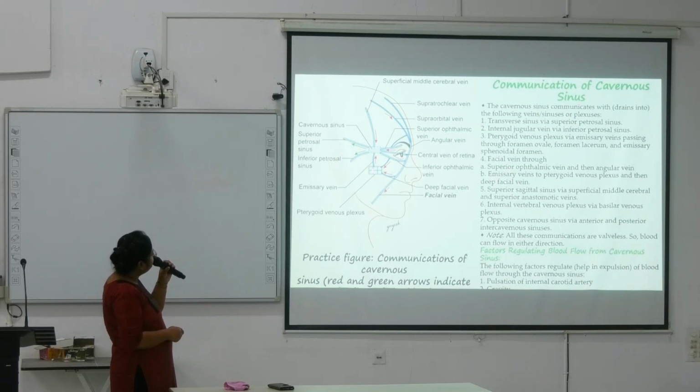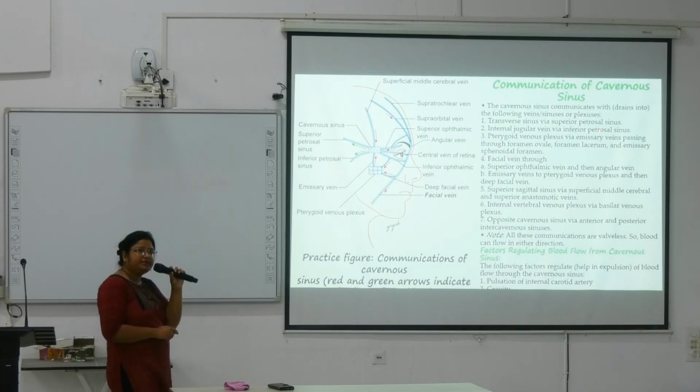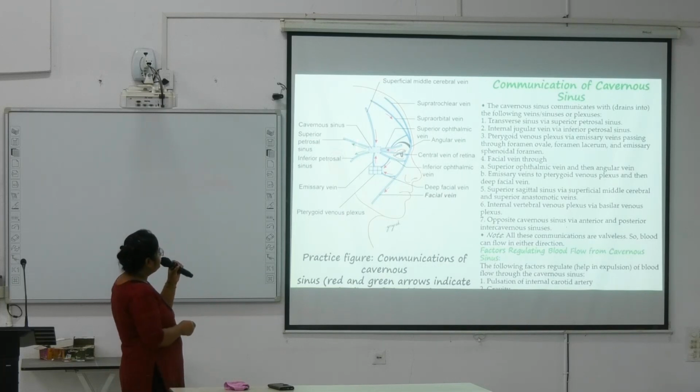See, the emissary vein to the pterygoid venous plexus, and then through the deep facial vein it is connected. The deep facial vein enters the pterygoid venous plexus, then via the emissary vein into the cavernous sinus.